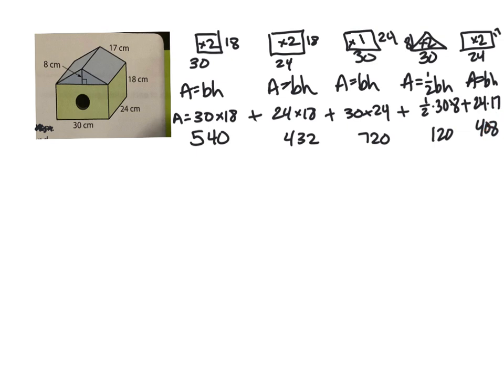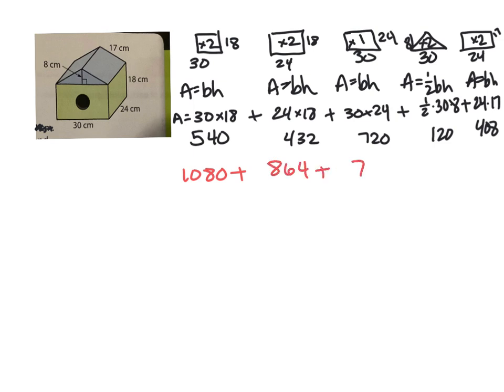Now, this is important not to forget this part. Remember, I had certain numbers of these, and this is the calculation for only one of them. So this one, I need to double. 540 times 2 is 1,080. 432 times 2, 864.